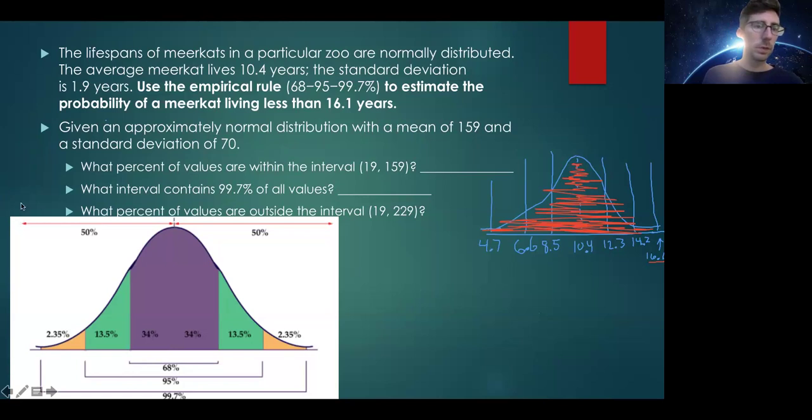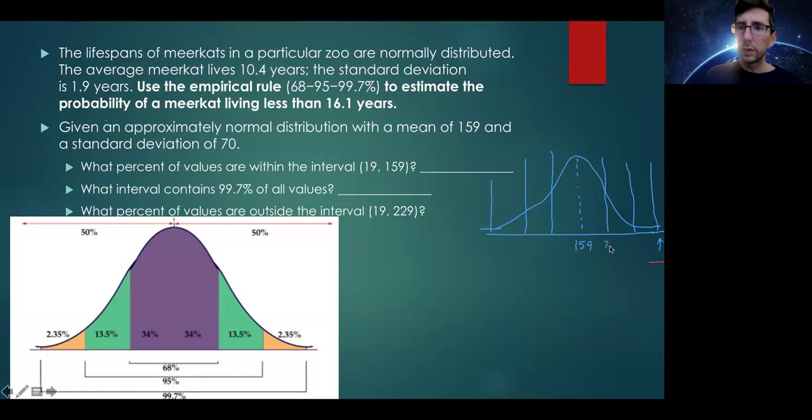So let's now fill that normal distribution in. It'll look the same, right? So now we've got a mean of 159 and a standard deviation of 70.